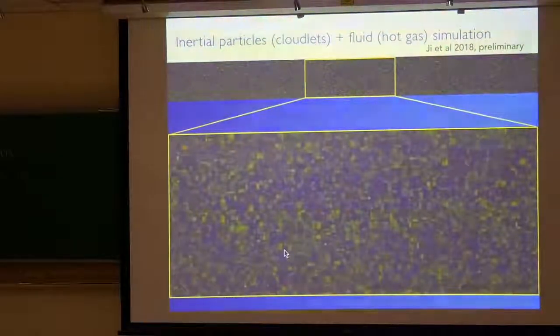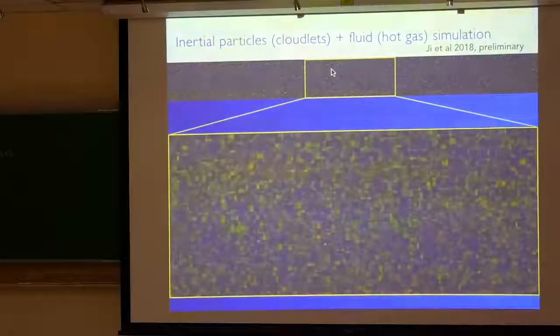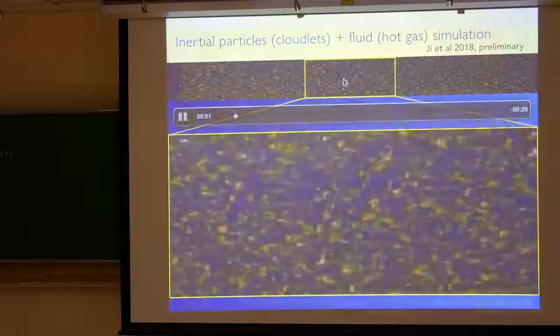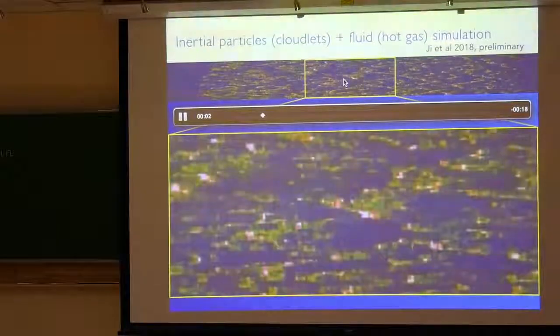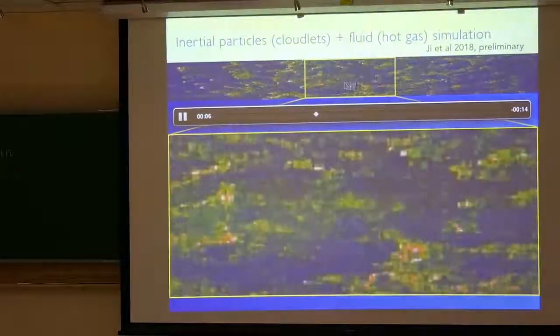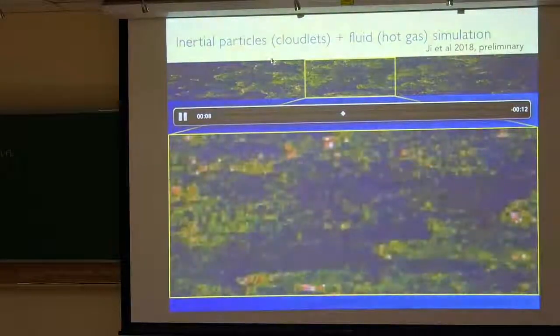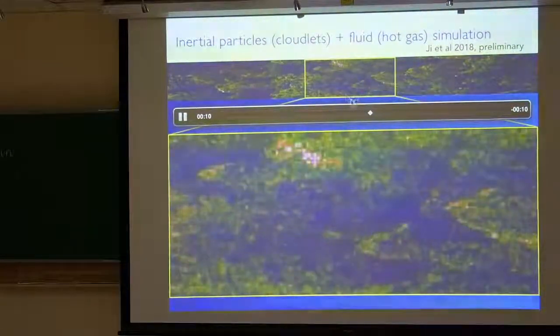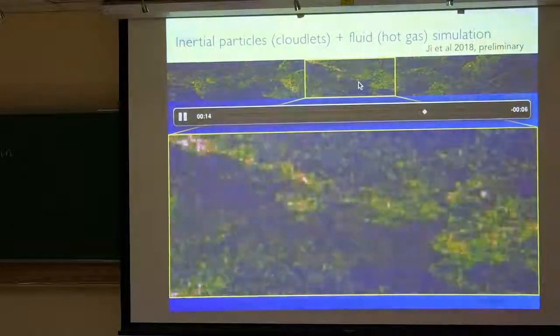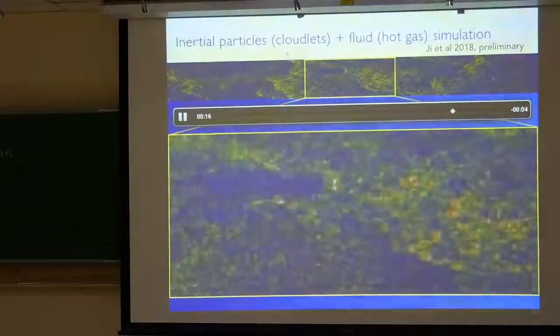And here's a teaser from a study by Suoqing Ji. And it's a bunch of cloudlets. You apply a wind, and then these cloudlets are just inertial particles. So we certainly can't run this in full hydro where we resolve the cloudlets themselves. So they're just inertial particles.